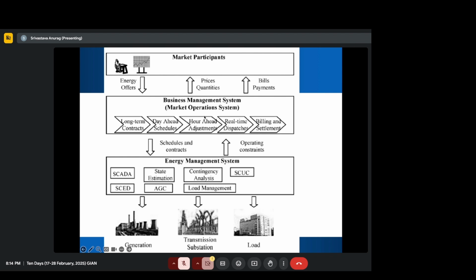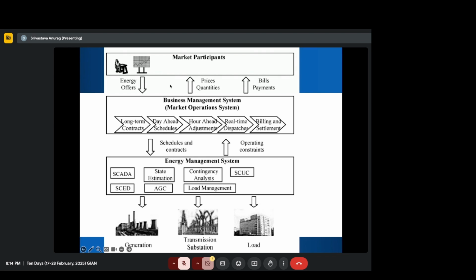In market based operation, you're operating the grid as a business, where suppliers need to make a profit, and demand needs to minimize its cost, and both together become the objective. Instead, in the other case, we are only trying to minimize the cost.